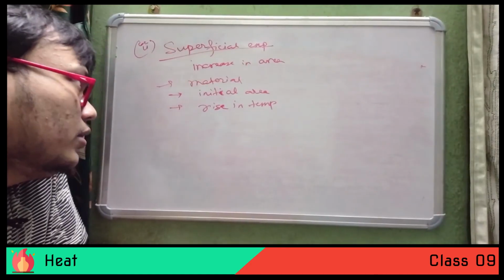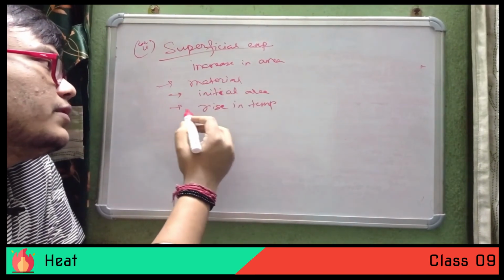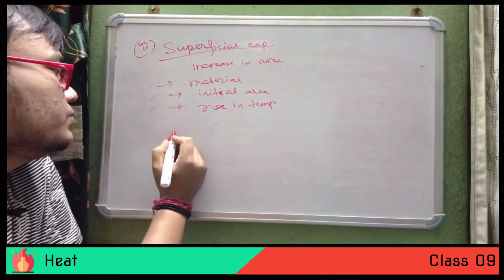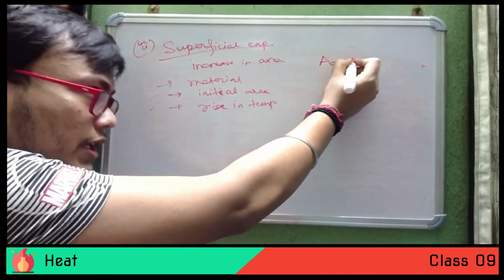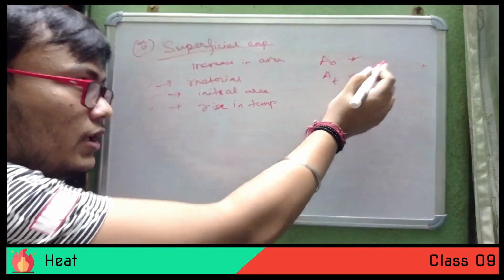So just like the case of linear expansion, the increase in area is dependent on these three factors. Let the initial area be A0, and AT will be the final area.